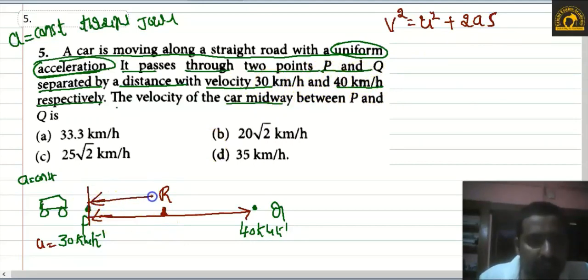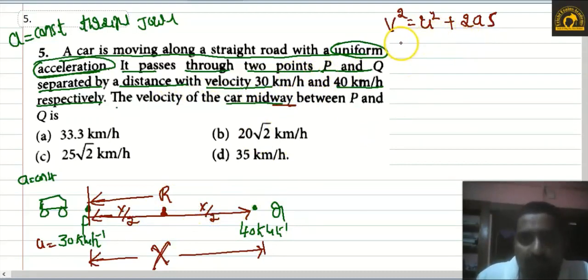The total distance is x, so the distance to the midpoint is x by 2. So v squared is equal to 30 squared plus 2 into acceleration into x by 2.